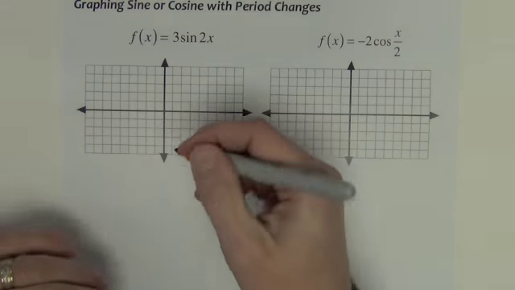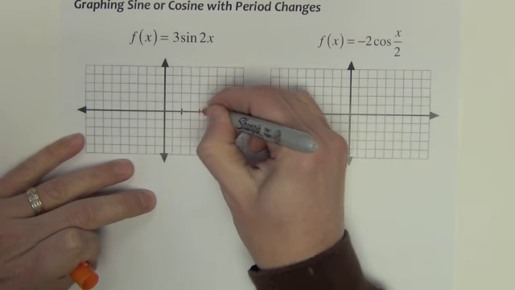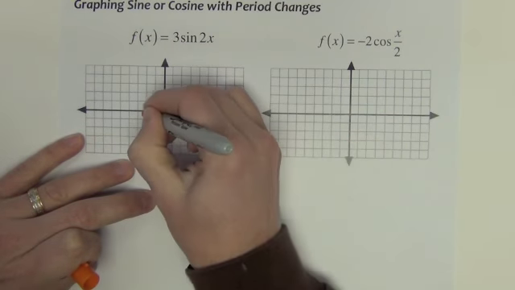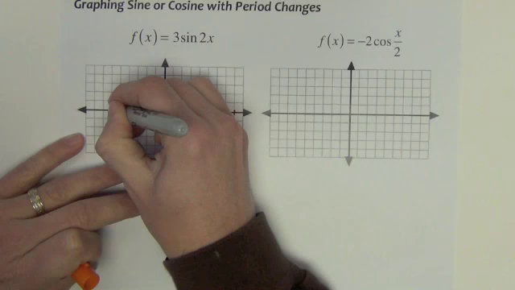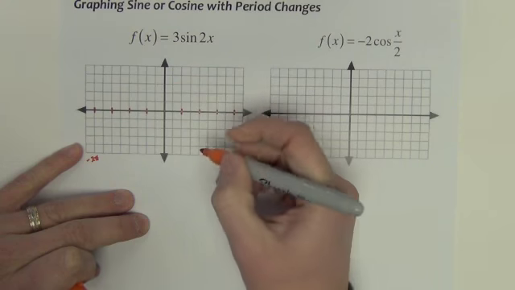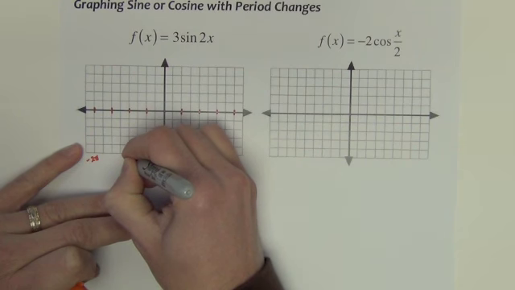Let's go ahead and mark the x-axis as normal, the way we've been doing it. I'm going to even throw a couple more in there.